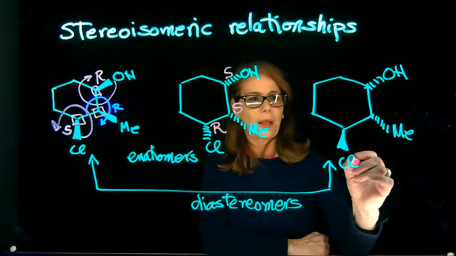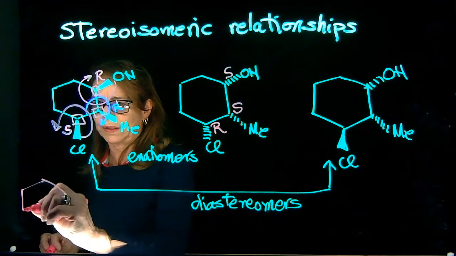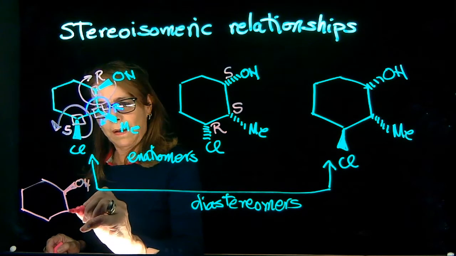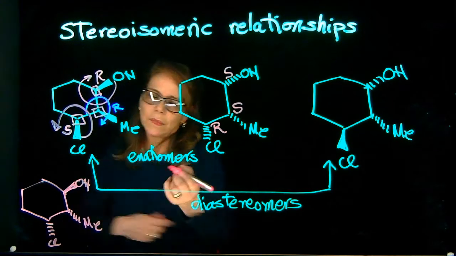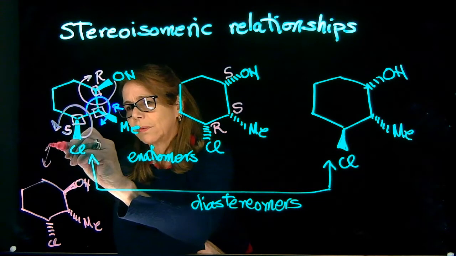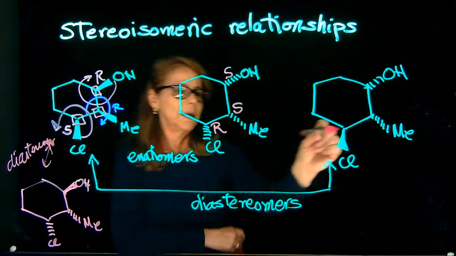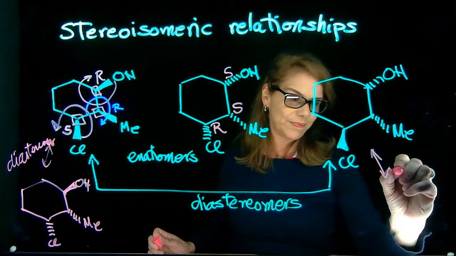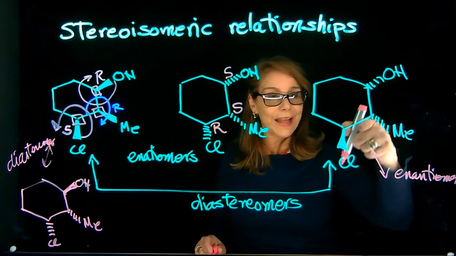I can draw another diastereomer to the first, and let's say that this time I'm not going to invert the one with the OH, but I'm going to invert the other two. Again, this is not the enantiomer, so these two are related as diastereomers. And lastly, if I am asked to draw the enantiomer of the molecule above, what I'm going to do is invert the configuration at every chiral center.